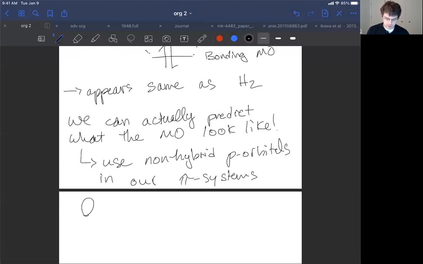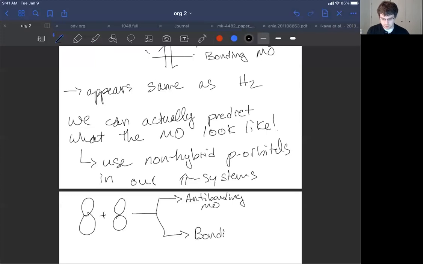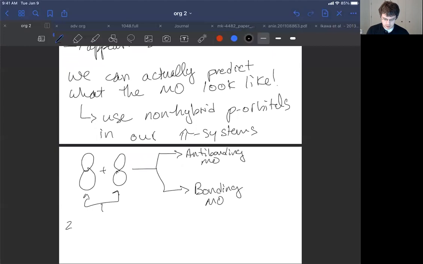So we have a non-hybrid p orbital and another non-hybrid p orbital mixing together to make an anti-bonding MO and a bonding molecular orbital. Okay? To understand what these are looking like, and these are the two p orbitals, and by p orbital I mean the atomic orbitals used to make the pi molecular orbitals.